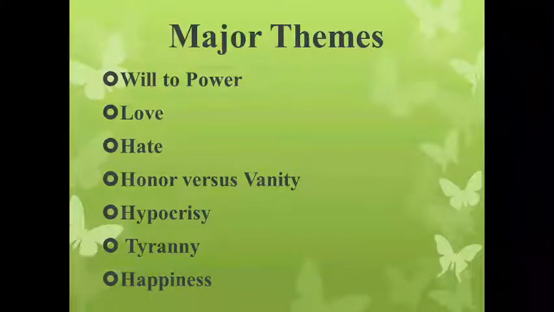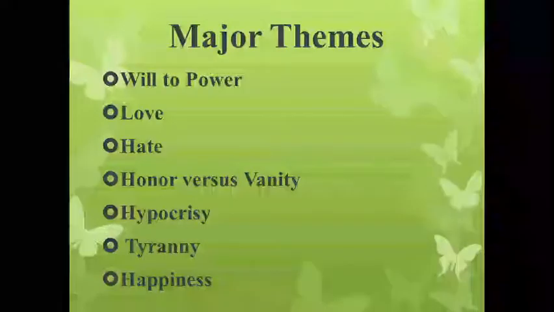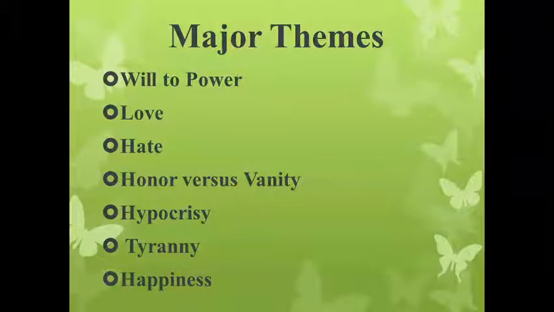And the other theme is about love. Love and hate, we'll talk about. Any intense relationship involves both love and hate, and this is particularly true in romantic relationships, most especially when they involve Julien Sorel.